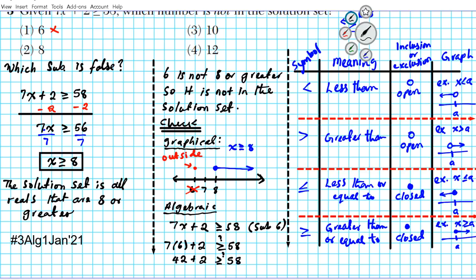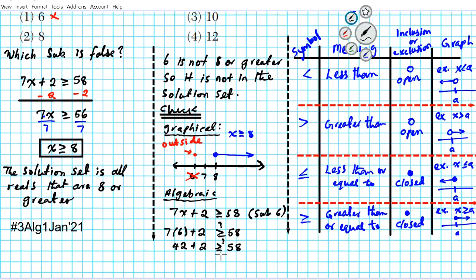Let's do one more step. 42 plus 2 is 44. Is 44 greater than or equal to 58? No way. That's false, because 44 is less than 58.